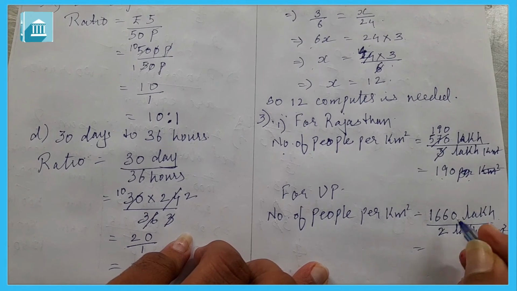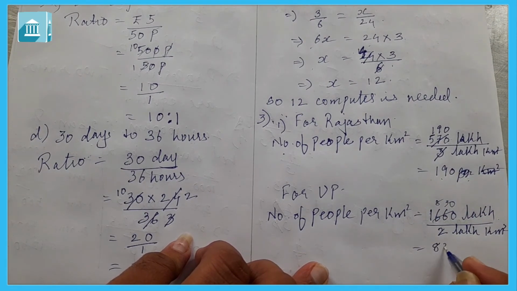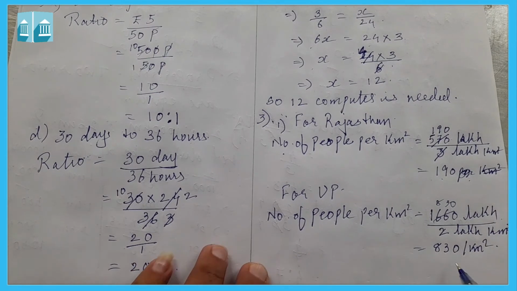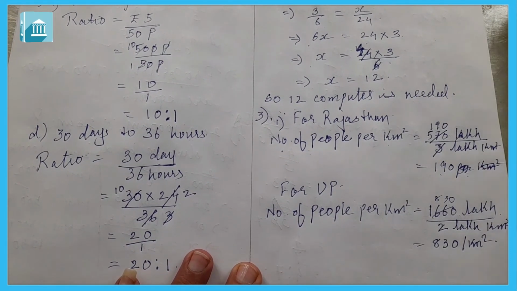So here it will be 830 per kilometer square. So the number of people per kilometer square is 830.